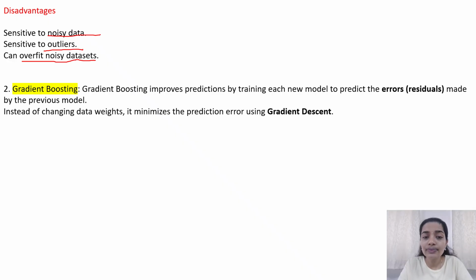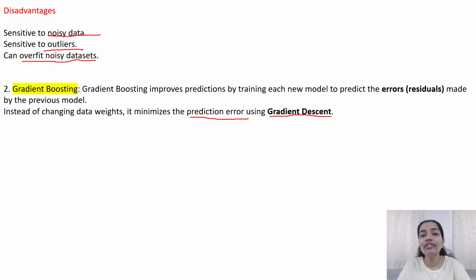What we do is we try to minimize the error by gradient descent. This is basically nothing but finding the derivative at every step so that we reduce it. We will be discussing gradient descent in detail in some other video, but basically it involves the concept of derivatives so that we could decrease it.